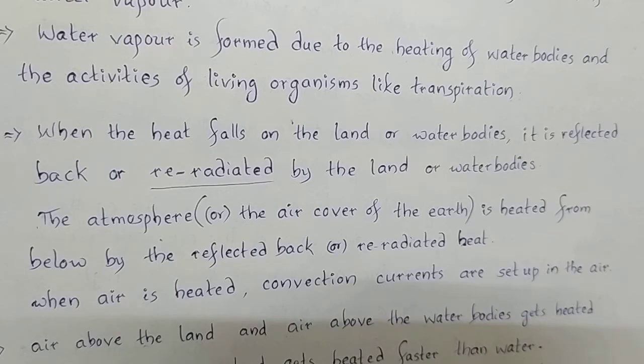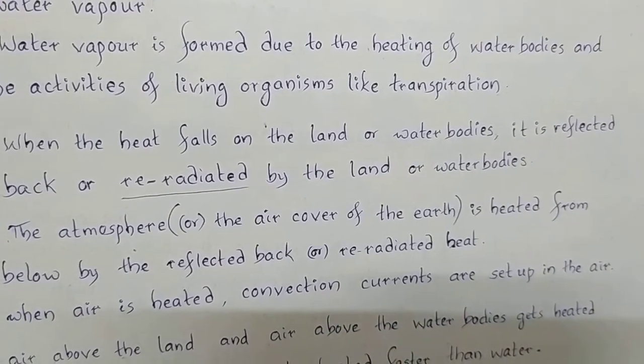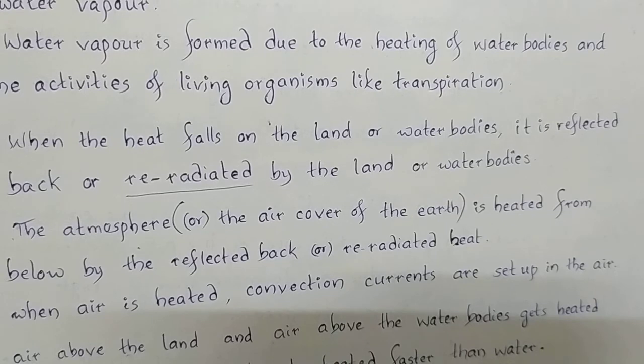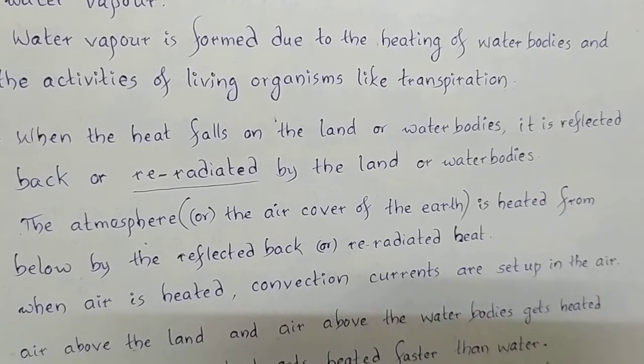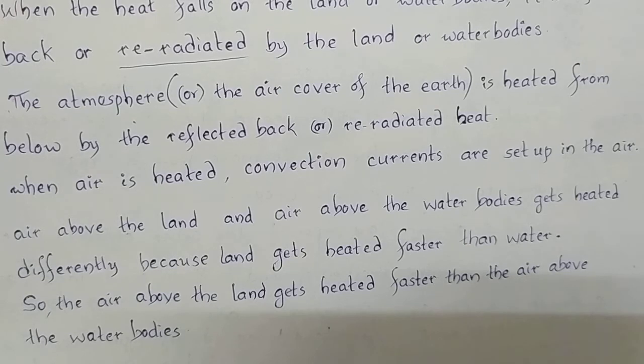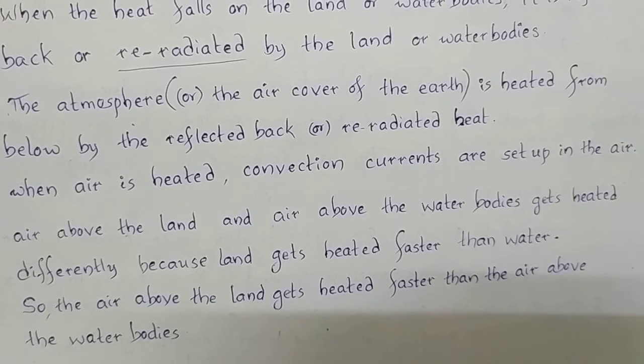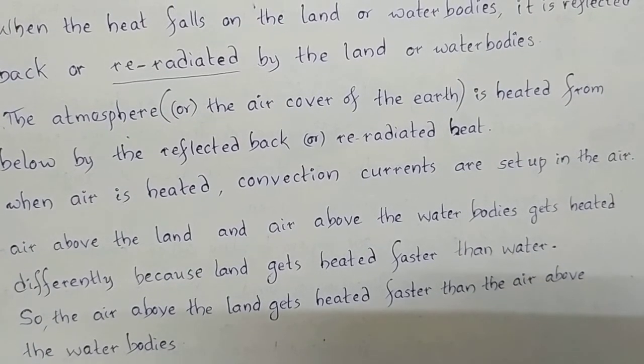When air is heated, convection currents are set up in the air. The air above the land and the air above the water bodies are both getting heated. But they are not heated to the same level.